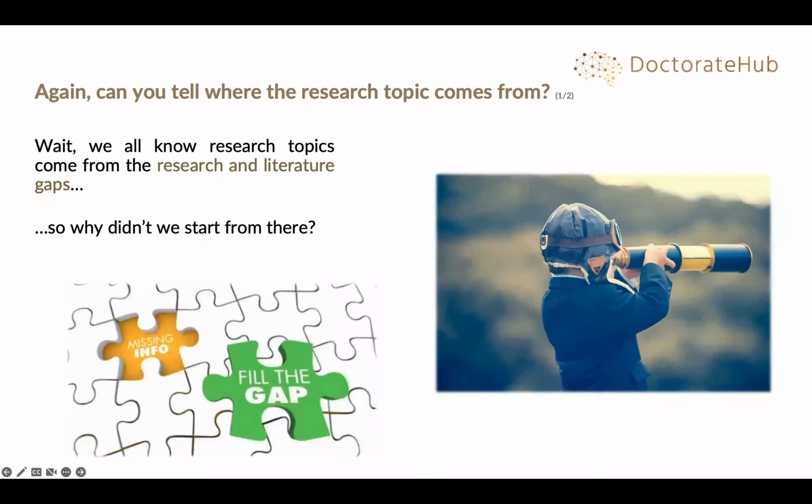Now, unfortunately, those two terms are rather mysterious and not so well defined, because what is a literature gap? Ever thought about it? It's a part that's not covered in the literature. So why is it not covered in the literature? Because no research has been carried out in that area? Very unlikely in a very well-defined world.